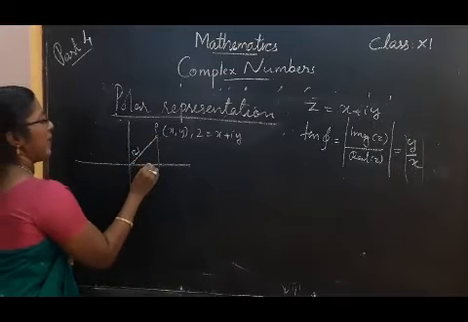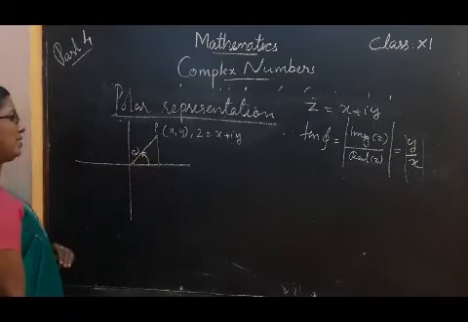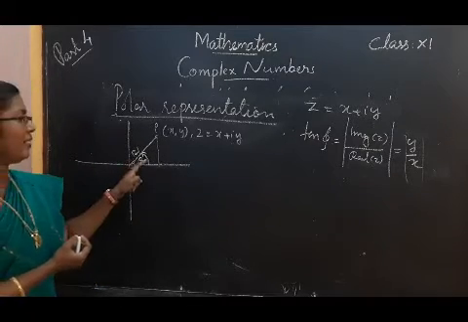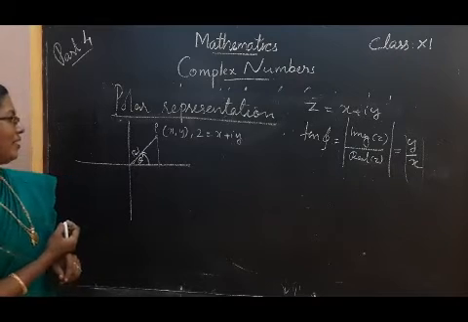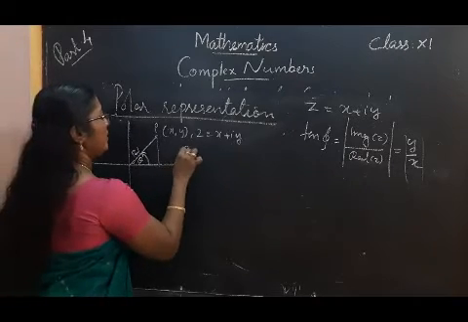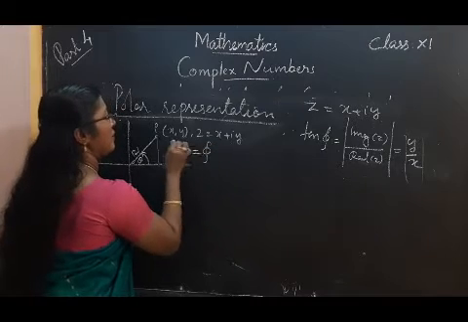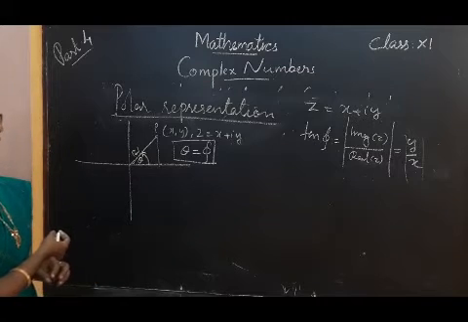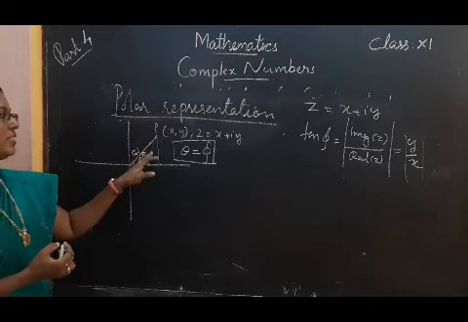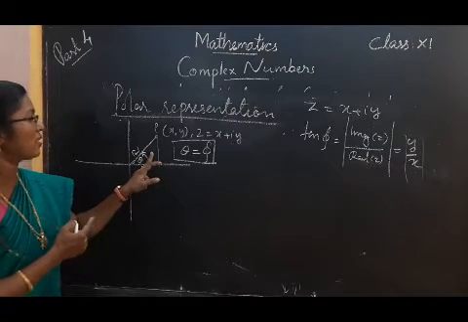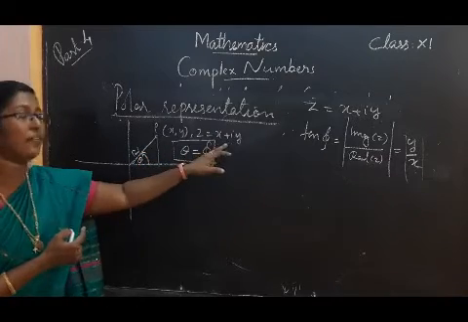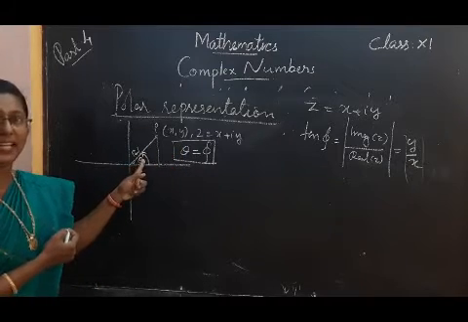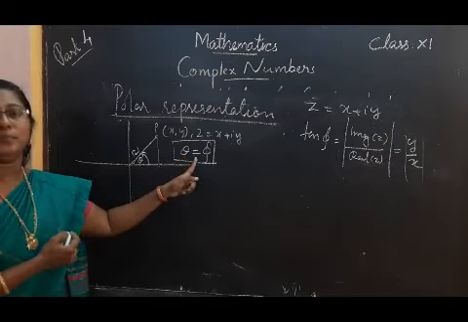Here the acute angle, in the anti-clockwise direction, is theta. In the first quadrant the formula is theta equals phi. Listen: the complex number x plus iy represented in the first quadrant has both parts positive, and the acute angle is theta, so theta and phi are the same.